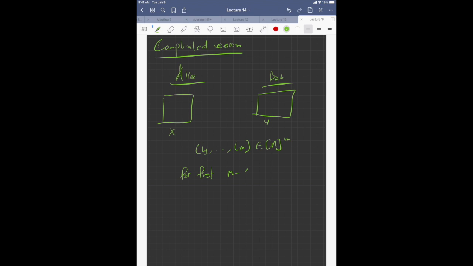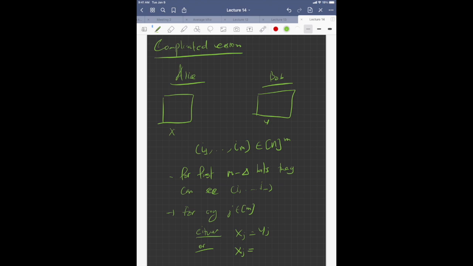For the first m minus delta bits, they can see this vector, and they're given this guarantee that, for any row j in m, one of two conditions happens: either xj is equal to yj, so Alice and Bob agree on the jth row, or, if at all they differ, they differ on this particular index.